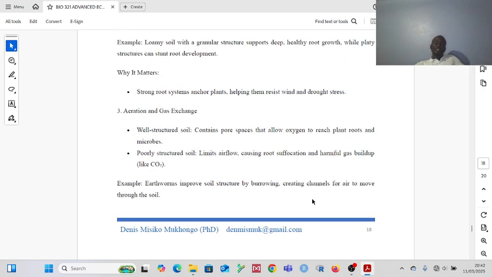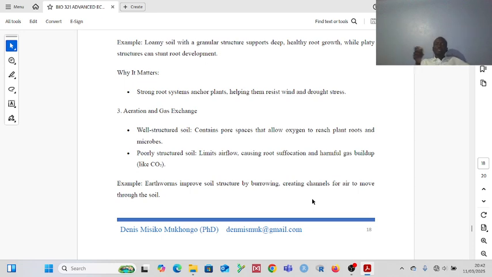The other thing that soil structure does is it affects aeration and gaseous exchange. So when the soil is well structured, it will have the right size of pore spaces. These right sizes of the pore spaces will allow oxygen to reach plant roots and other microbes.